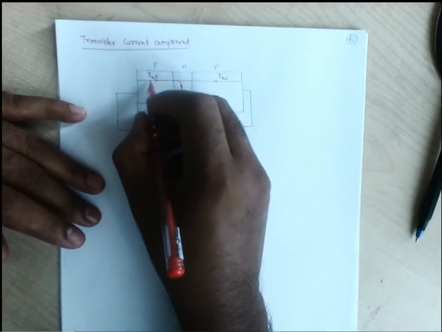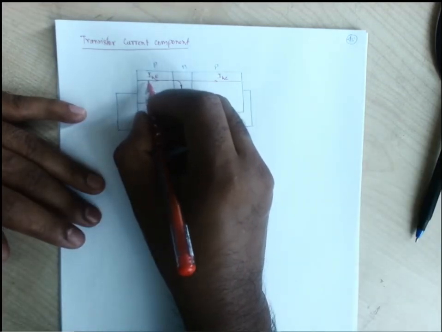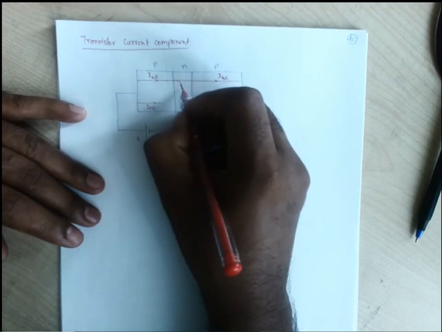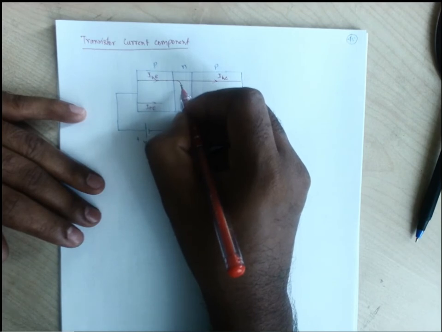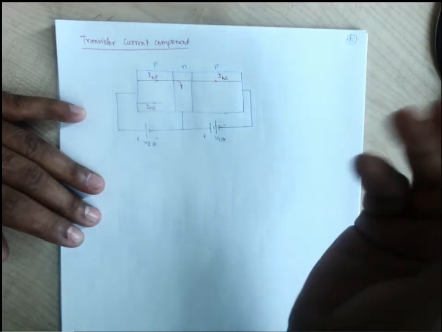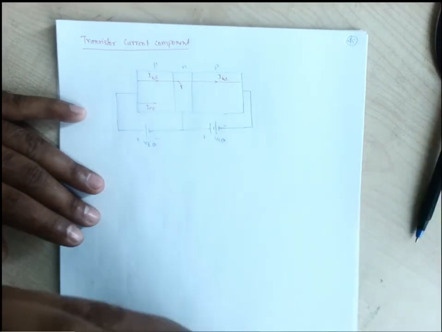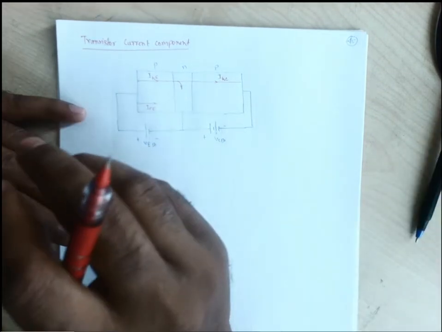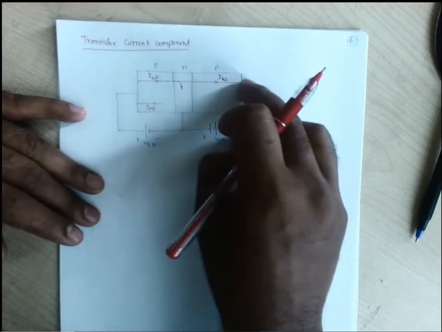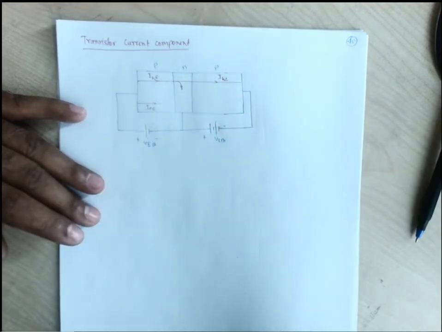That is the hole current in the collector region, IHC. Here it was IHE, the hole current in the emitter region. When it reaches the base, some recombination will take place and it will take away certain holes, and whatever current remains is the current into the collector region, which is due to the holes.